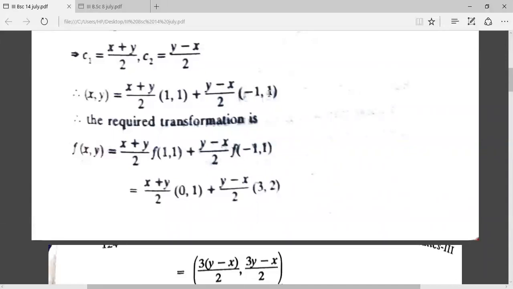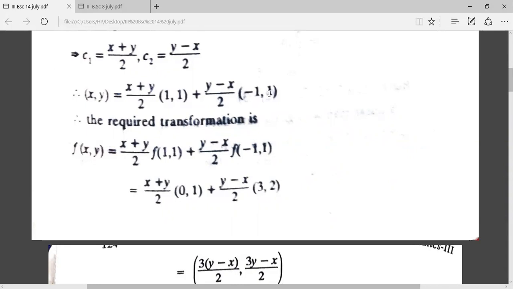Now operate f on both sides because our linear transformation is f from R2 to R2 here. You will get f(x, y) equals ((x plus y) by 2) into f(1, 1), because f(C alpha) is C into f(alpha). That is the property of the linear transformation.